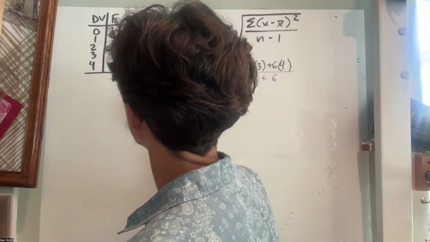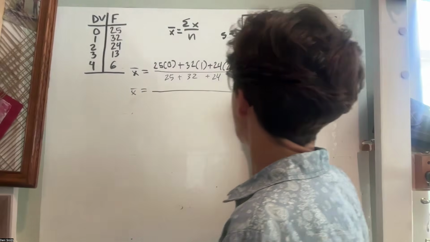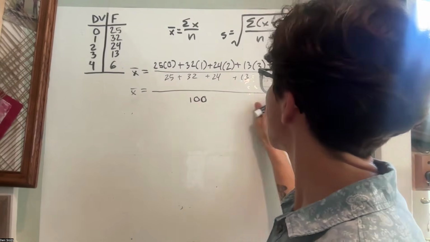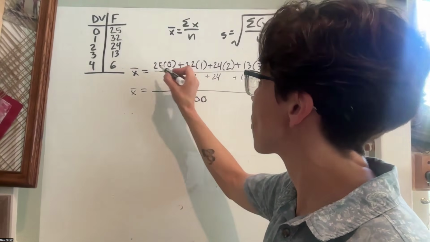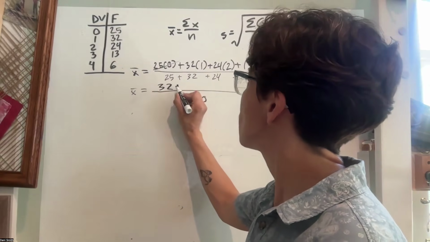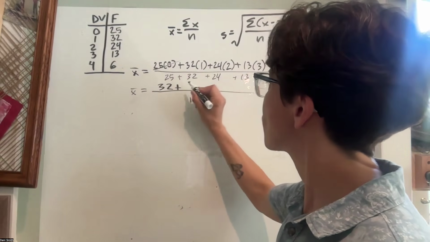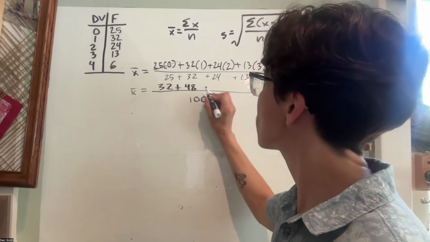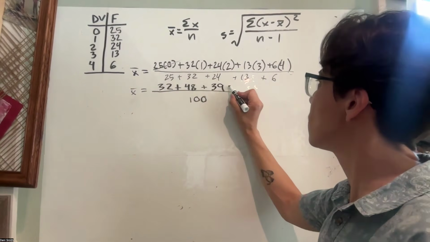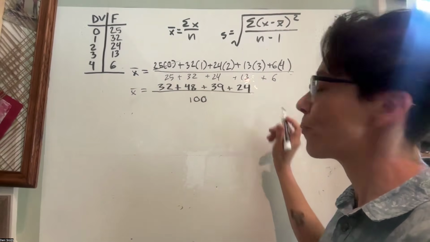So x bar equals, on the bottom we have it down to 100 already. On the top part here, 25 times 0 is nothing, so I'm going to not count that one. But then we've got 32 plus 24 times 2 is 48, plus 13 times 3 is going to be 39, plus 6 times 4 is going to be 24.